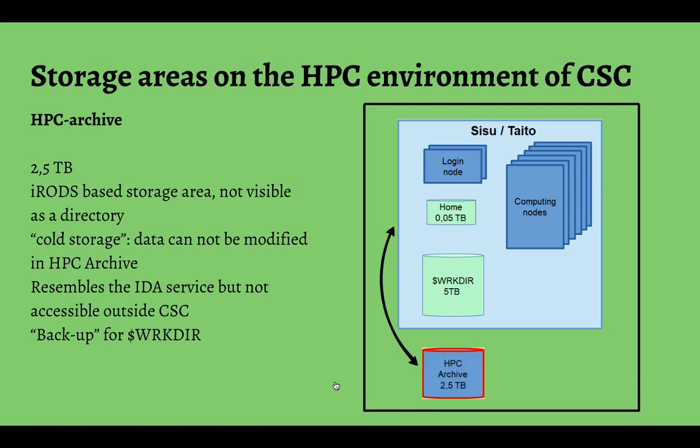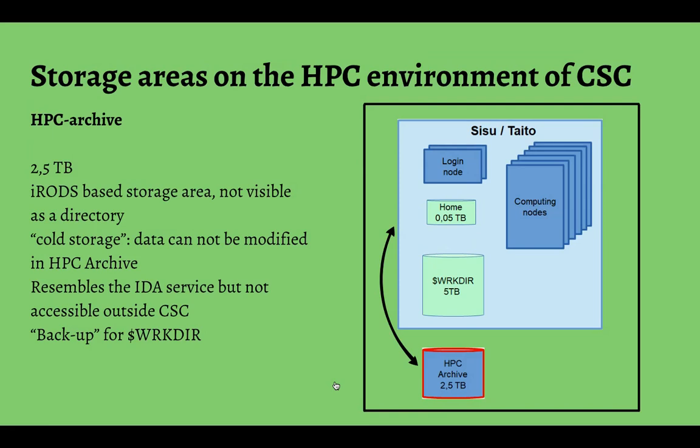What I mean by cold storage here is that with this Irods command you can upload a file to this environment or download a file from this environment. But while the data is there in the HPC archive, you cannot modify or read it.